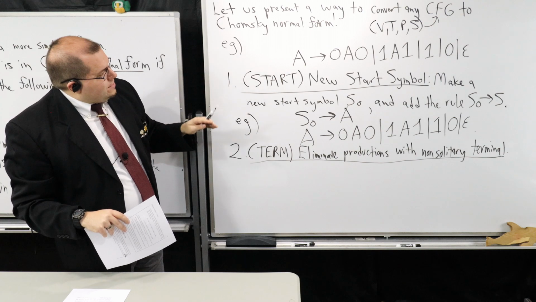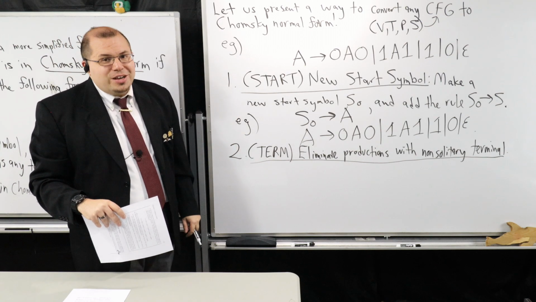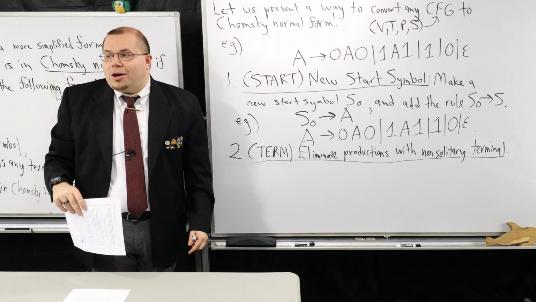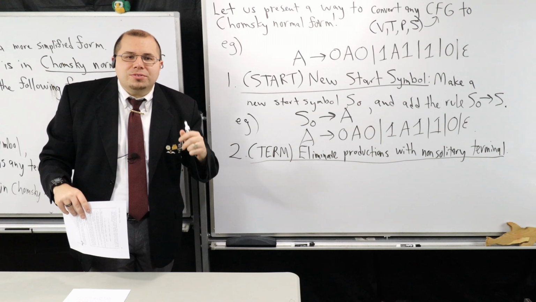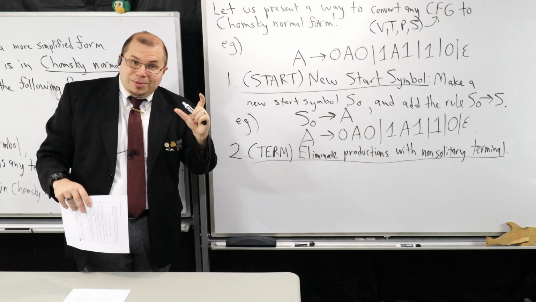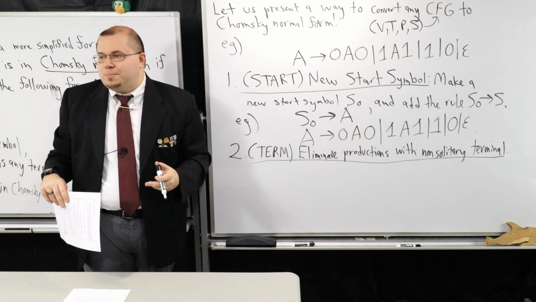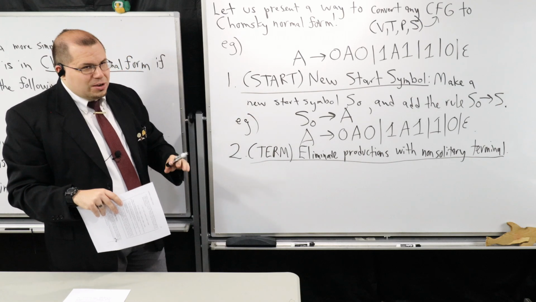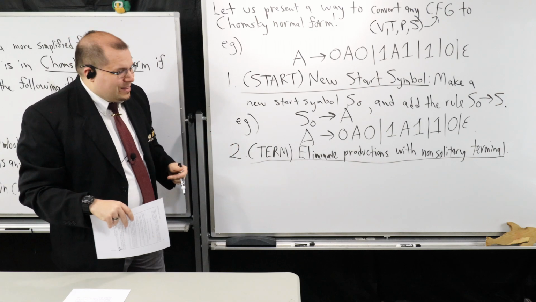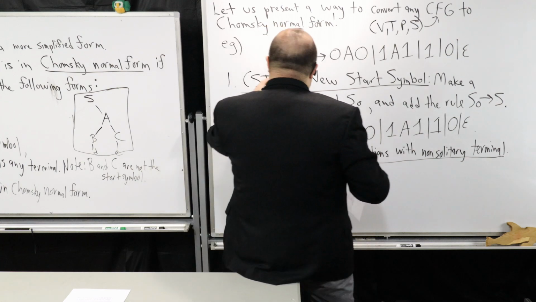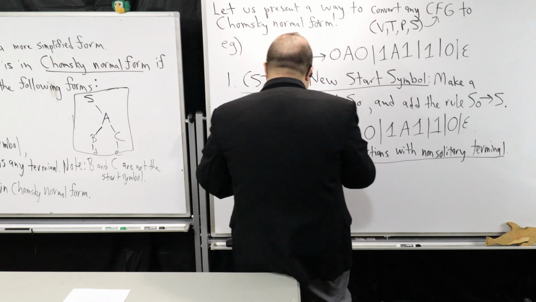You're just going to introduce new productions with a new variable for each terminal symbol. Then you can substitute that variable in everywhere you see that terminal appear in one of these cases with non-solitary terminals. I'm just going to drag them out into their own rule. So here's the idea.